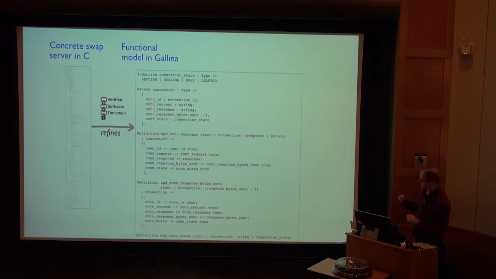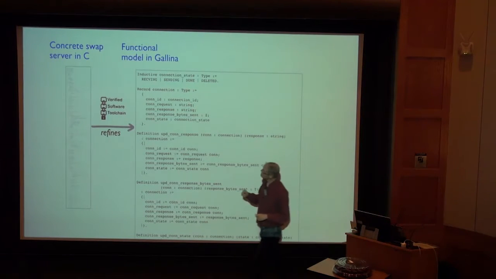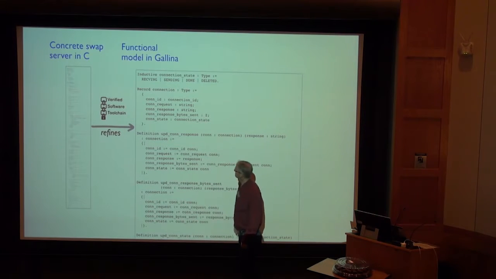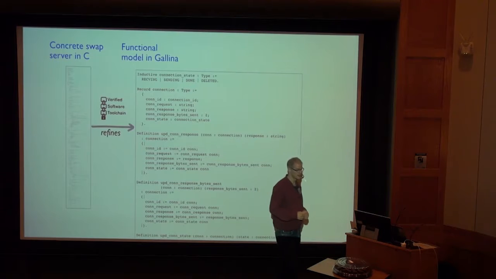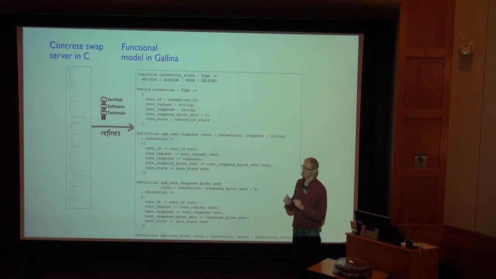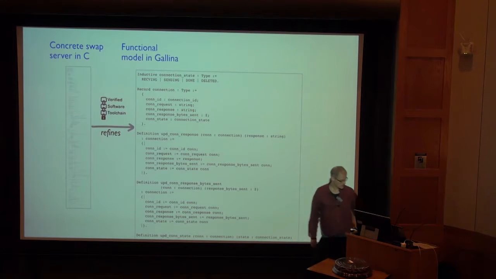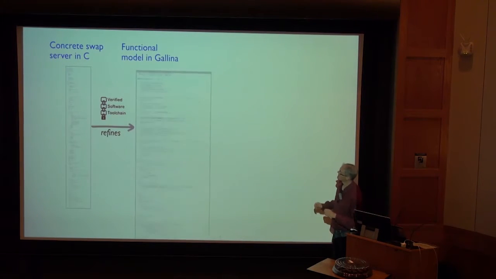Okay, so the picture of the world is we have an actual swap server written in C. It's not too long, but it's a few hundred lines long, because C is verbose. Then, as you've seen in the VST lectures, it's convenient to break up the proof into a couple of steps.